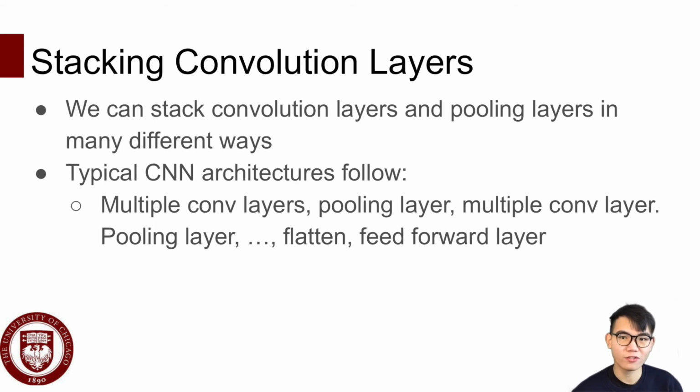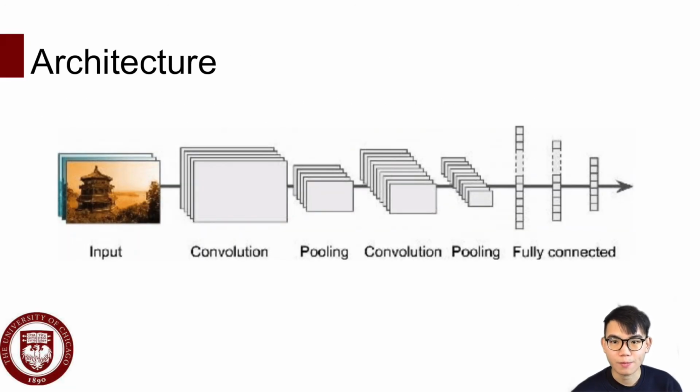Finally, we usually flatten out the final output into a one-dimensional array, and then feed that array into a feed-forward layer to do some predictions. Here's an example image of what a typical CNN architecture would look like.